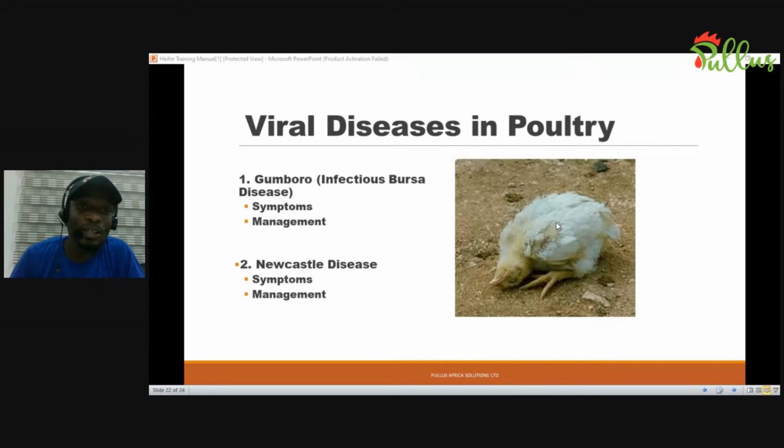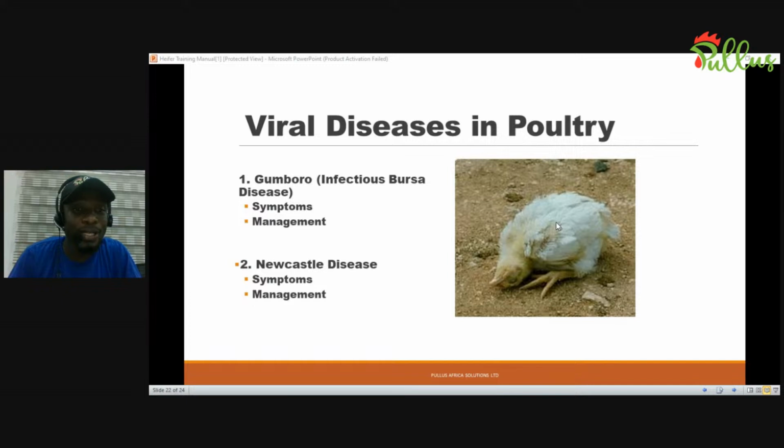So for Gumboro, one of the key things you will notice is white pasty diarrhea, which means they will be passing white stool. To differentiate it, you would notice that this diarrhea comes with a lot of whitish material that sticks to their vent, towards their backside, which means the diarrhea flows down and stains their backside.